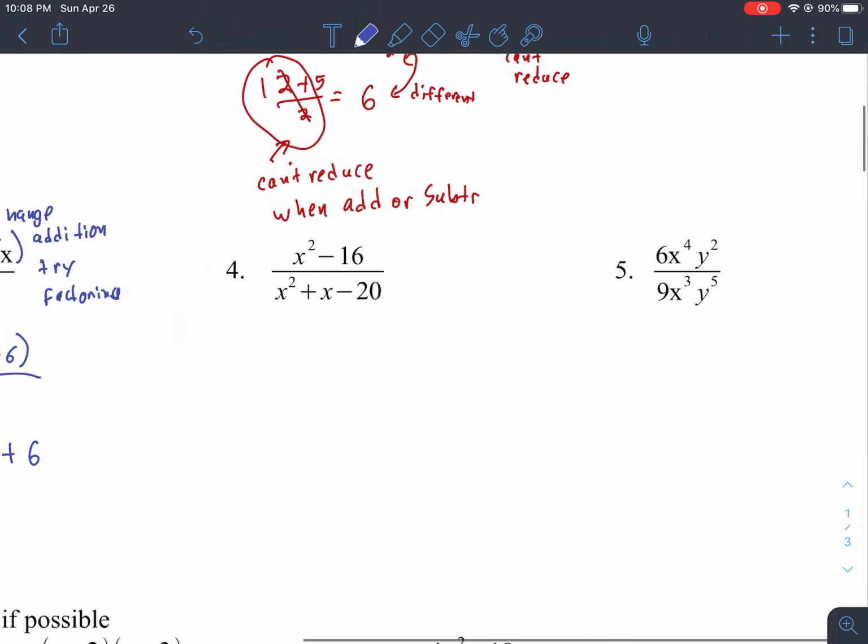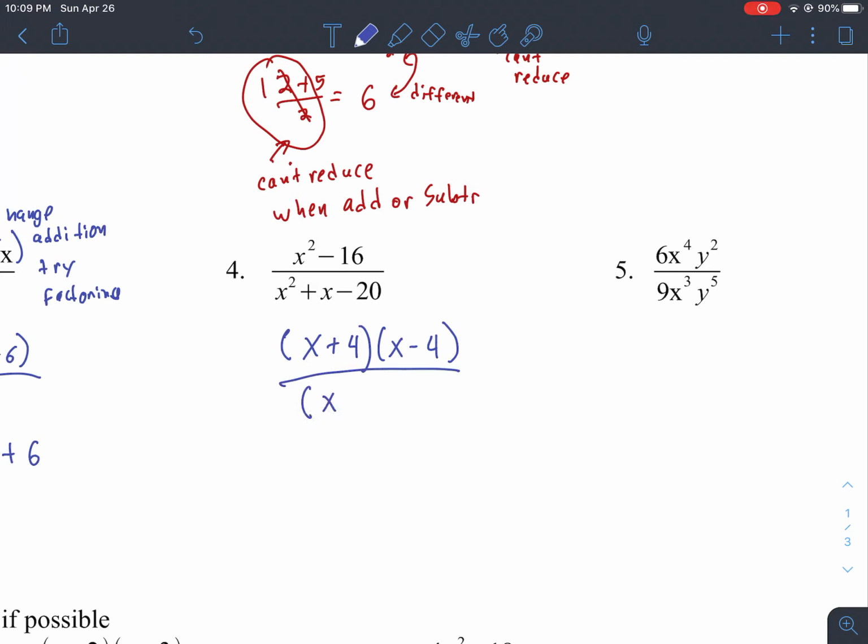Okay. Here, we cannot reduce those x's because of the addition and the subtraction. But before we give up and say that it's already reduced, let's try and factor. We can factor the top into x plus 4, x minus 4, and the bottom into x plus 5, x minus 4, something like that.